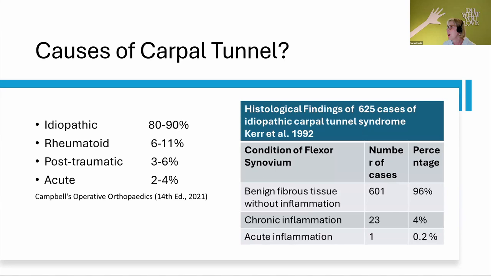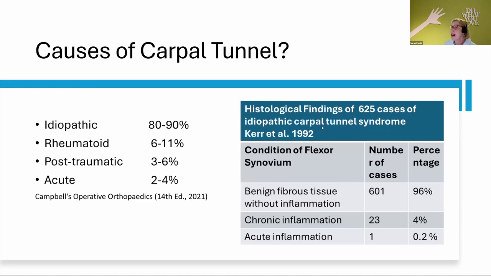About 3 to 5% post-traumatic. Post-traumatic might be falling and injuring your hand and having some swelling for a period, or acute could happen. For instance, if you fell and broke your wrist, and there's usually immediately quite a bit of swelling and also some displacement of bones, that could also produce acute carpal tunnel syndrome.